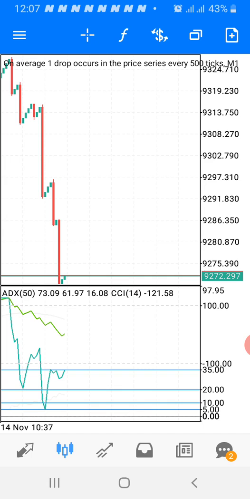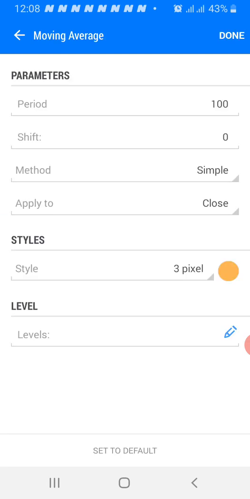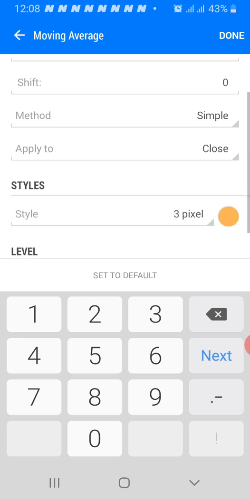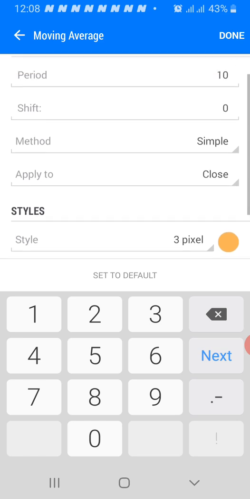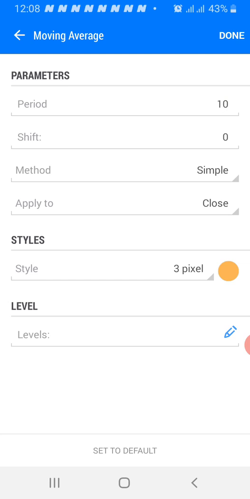Then the next indicator is moving average. For the moving average, we're using period 10, shift 0, method simple, apply to close.